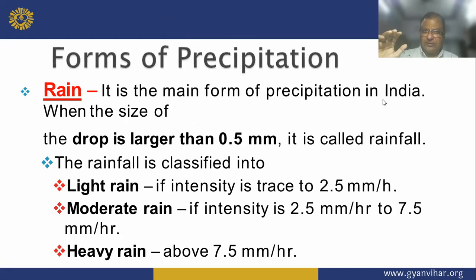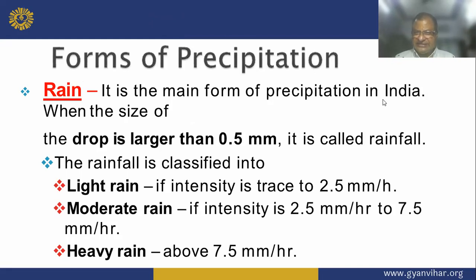Forms of precipitation. Rain is the main form of precipitation in India, when the size of the drop is larger than 0.5 mm. It is called rainfall. The rainfall is classified into light rain, moderate rain, and heavy rain.